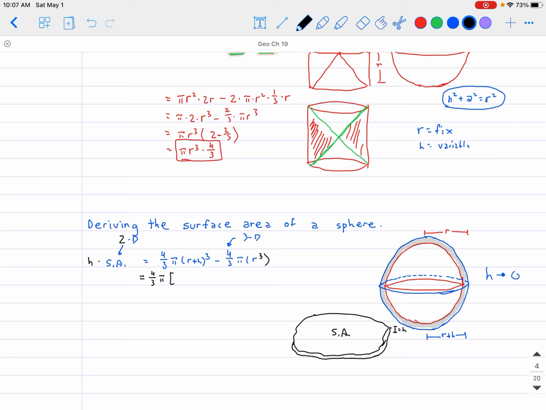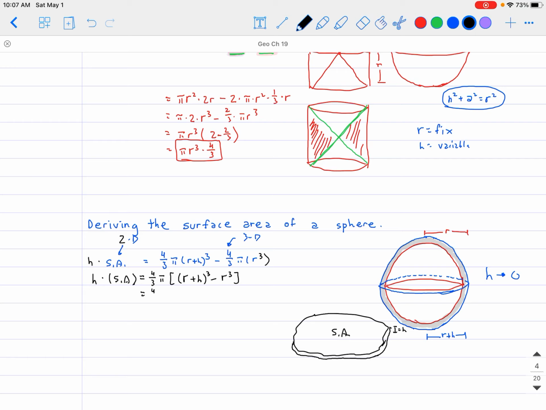Anyhow, factor out the 4/3 pi that they all have in common. And then for the inside, we have r plus h cubed and then minus r cubed. And that's equal to the surface area, which is what I'm trying to solve for, multiplied by h, which is the thickness of that mud.